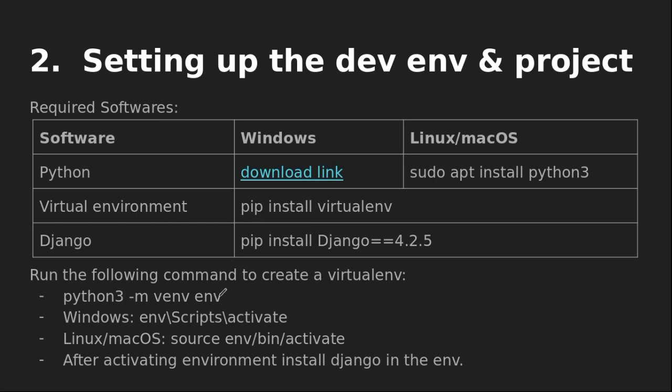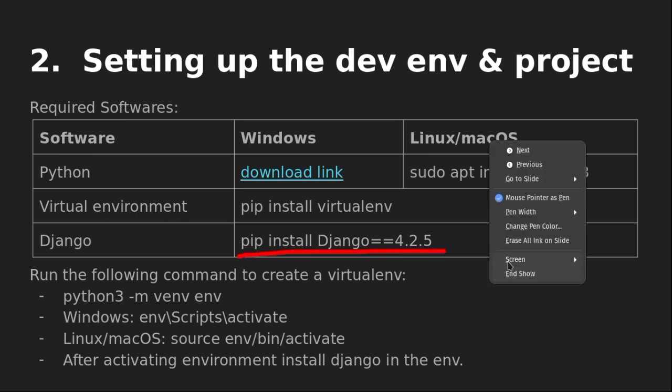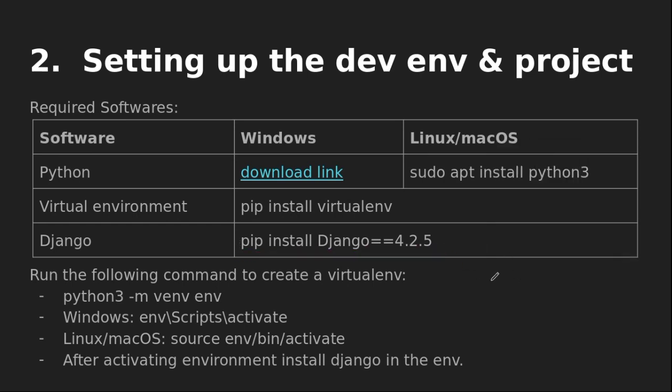For that you have to execute python3 -m venv. Then you have to activate it, choosing the command according to your OS. Then after activating your virtual environment you have to install Django in the environment. You can use this command to install Django.